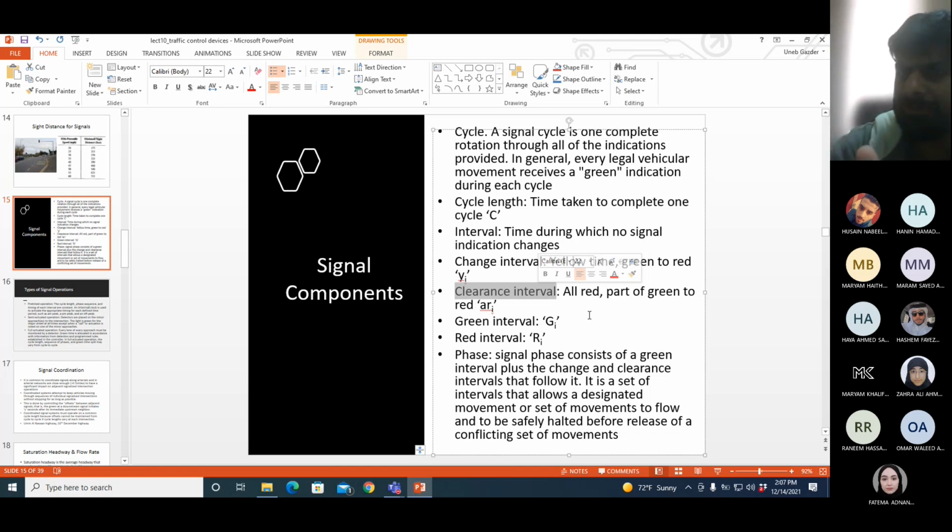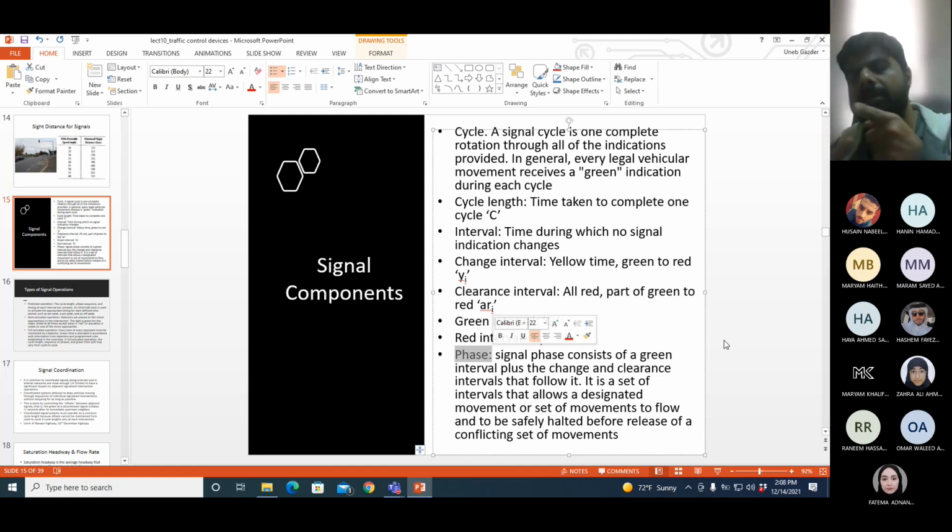And then we have green interval, yellow interval, red interval, and so on. Then we have the next term, which is a phase. A phase is the total amount of time given for the flow of any particular movement. It includes 3 things: green time, yellow time, and all red time.